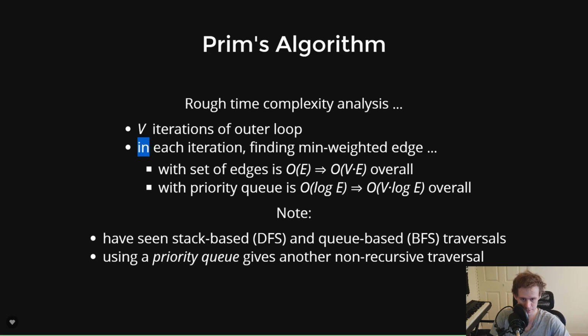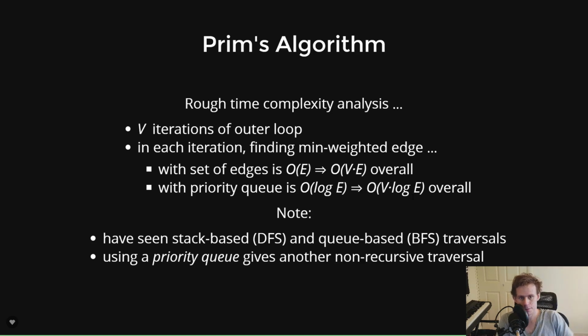And then in each iteration, which is essentially selecting an edge to find the minimum weighted edge, the complexity we're looking at here is V times E overall. So let me spell this out a little clearer.